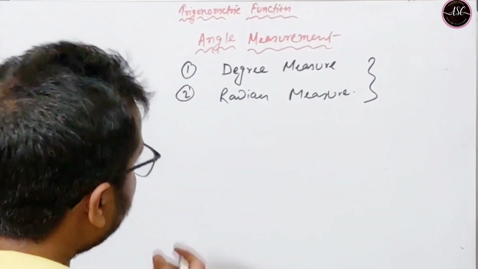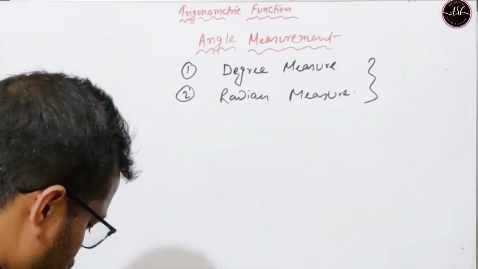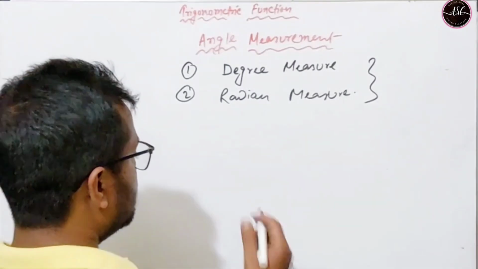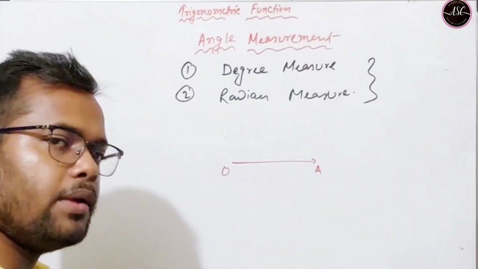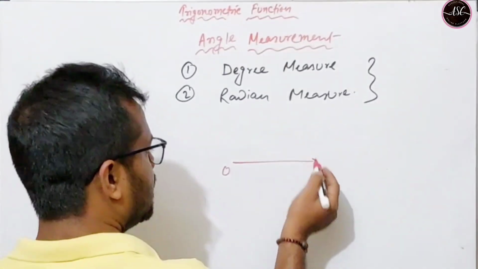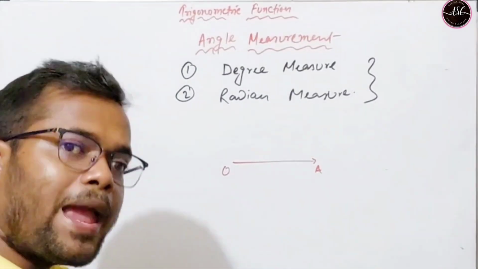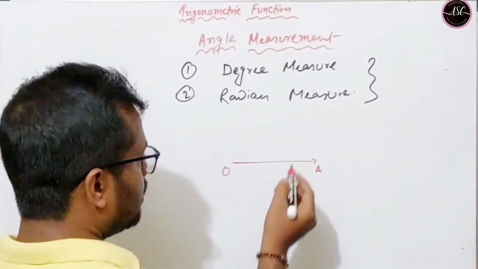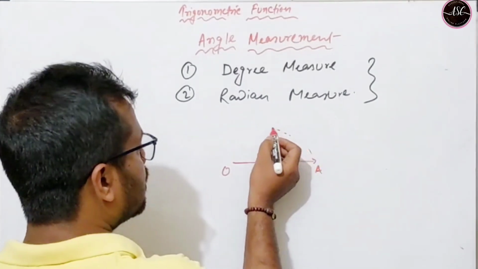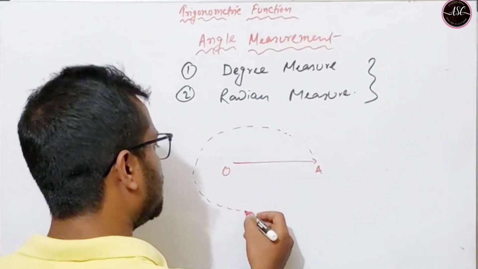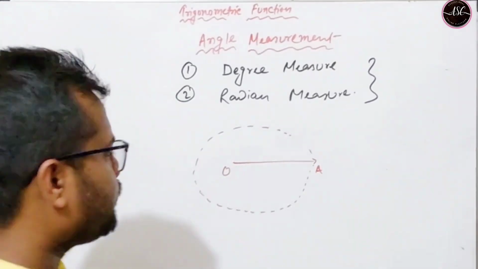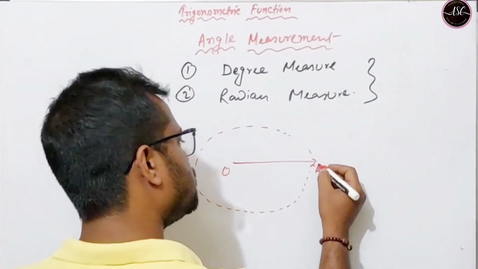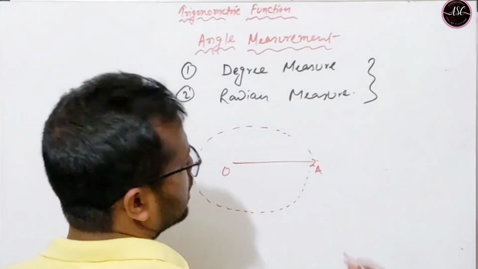Let's see. Suppose OA is a ray and it is rotating anti-clockwise, and the final position of this ray after rotation is also the initial position.